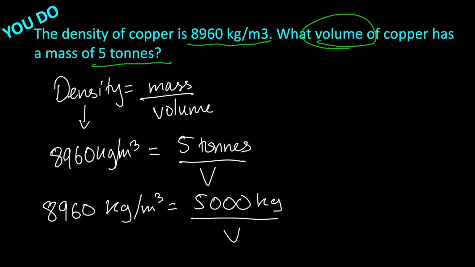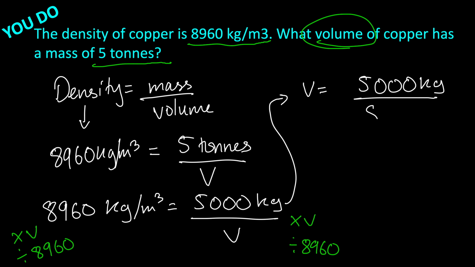Now to solve this, we're going to multiply by volume on both sides, and we're going to divide by 8,960 on both sides. This gives us 5,000 kilograms divided by 8,960 kilogram per meter cubed. Now we just enter this into our calculator and find the answer. Our answer is 0.558 meter cubed.